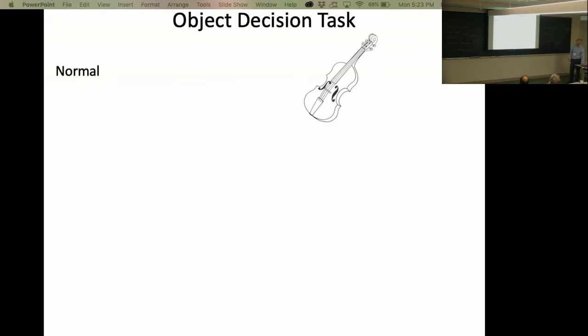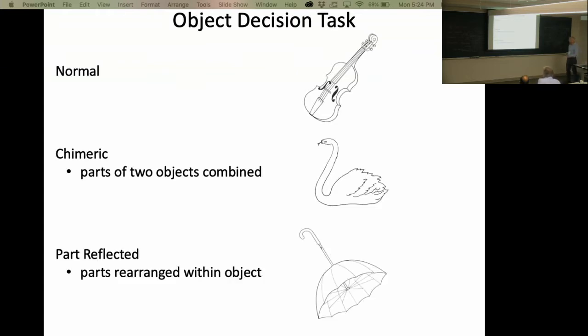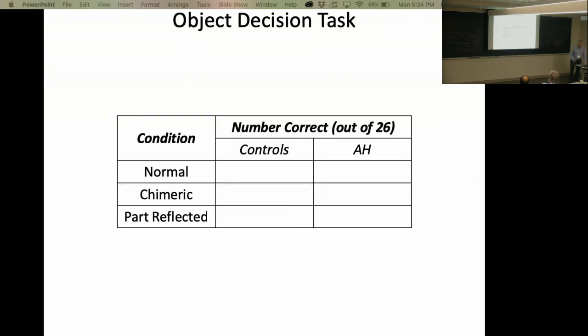One, actual objects that are just fine, normal. Chimeric objects in which we combine parts of two separate objects, like here it's the body of a swan with the head of a snake. And part reflected objects where we rearrange the parts within the object such that we reflected some part relative to the others. There were 26 of each type of object, and we tested control participants.